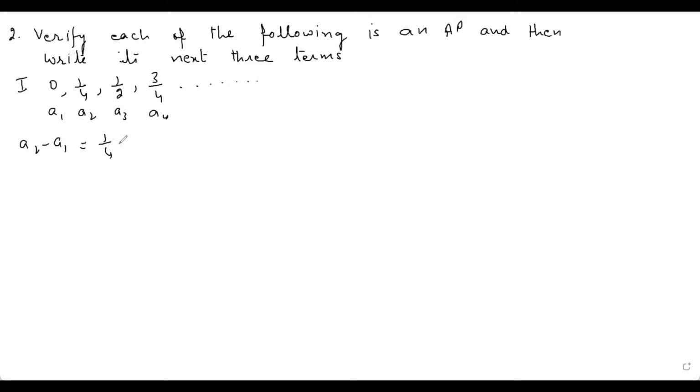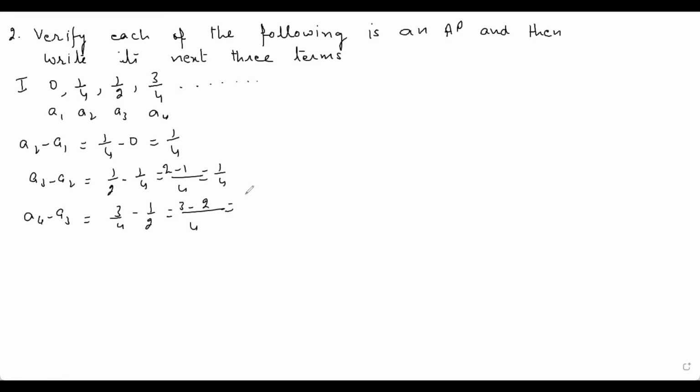That is 1 by 4 minus 0 is 1 by 4. And a3 minus a2, that is 1 by 2 minus 1 by 4, 2 minus 1, that is 1 by 4. Then find a4 minus a3, that is 1 by 4. Common difference is same. So this forms an AP.